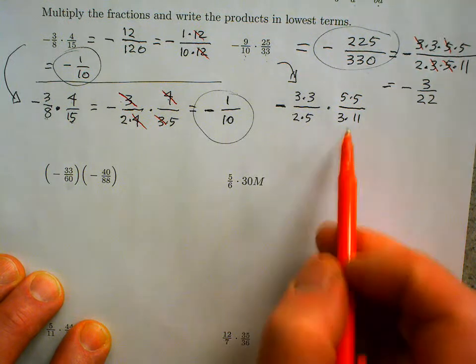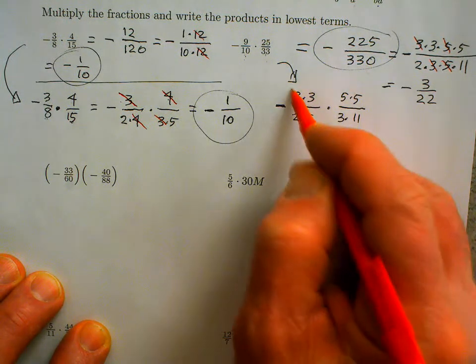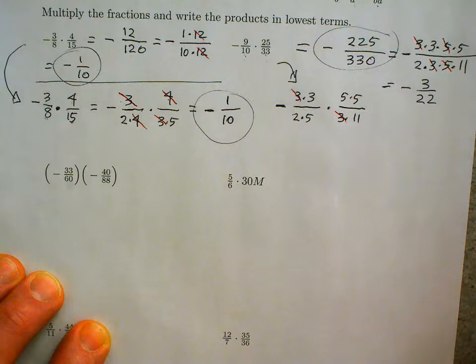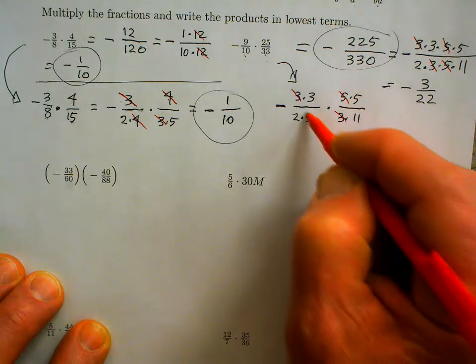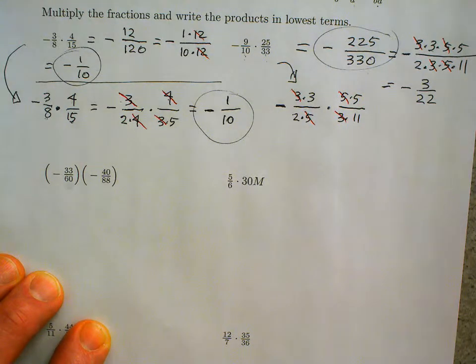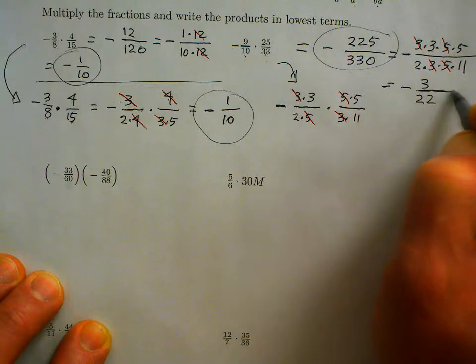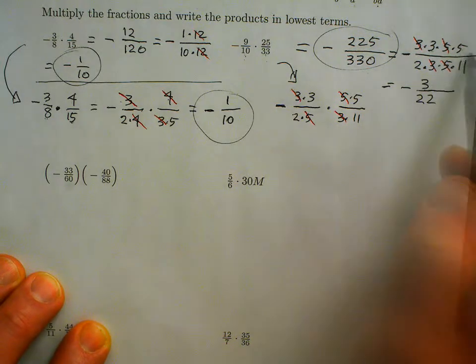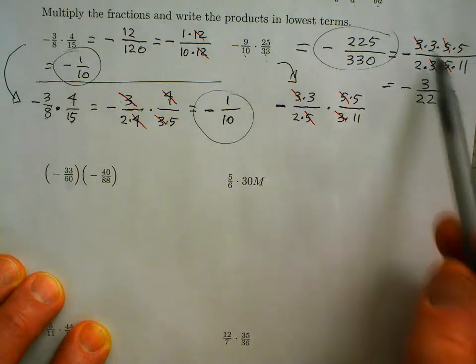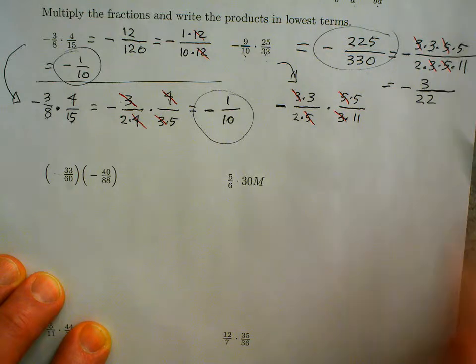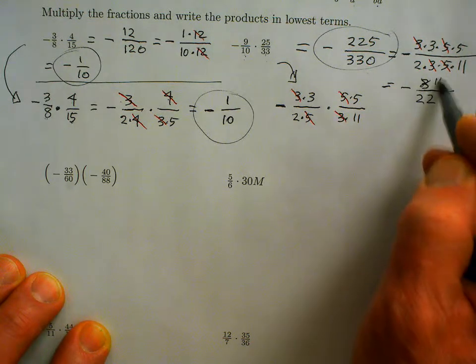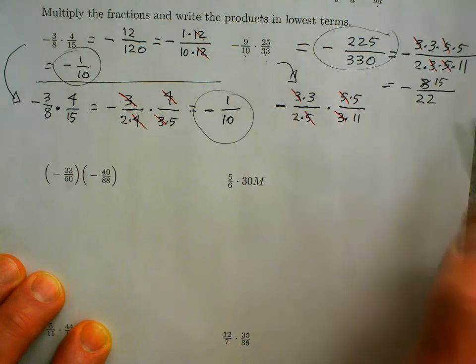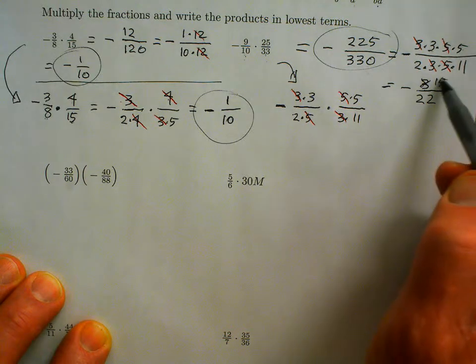And then look for common factors that cancel. 3 divided by 3, 5 divided by 5. Oh, I see my mistake from the other example. 3 times 5, this should be a 15 instead of 3.